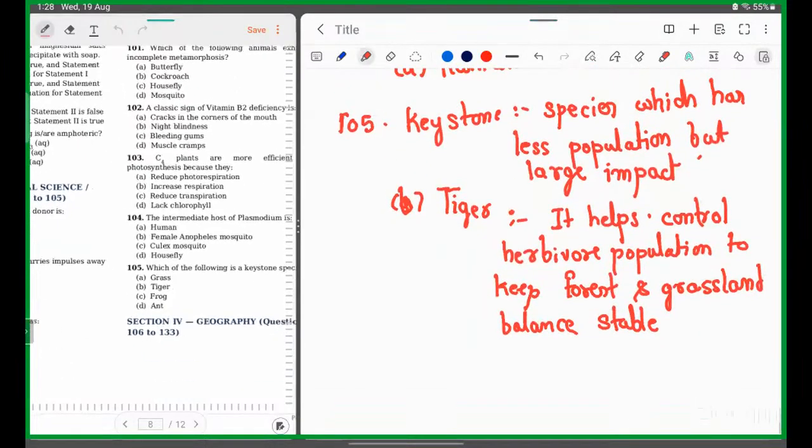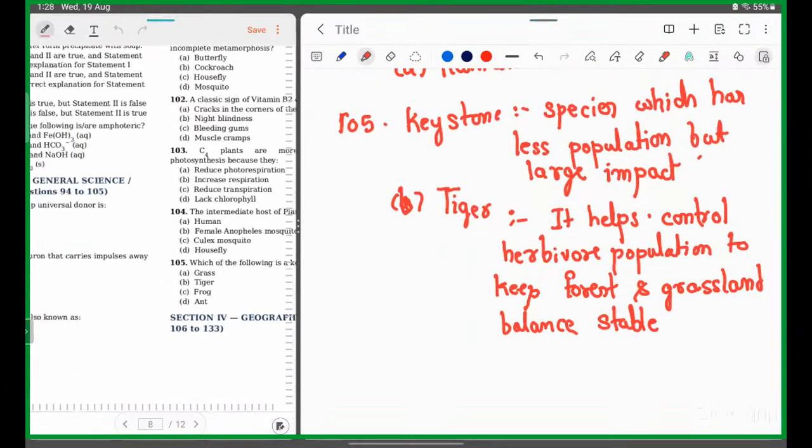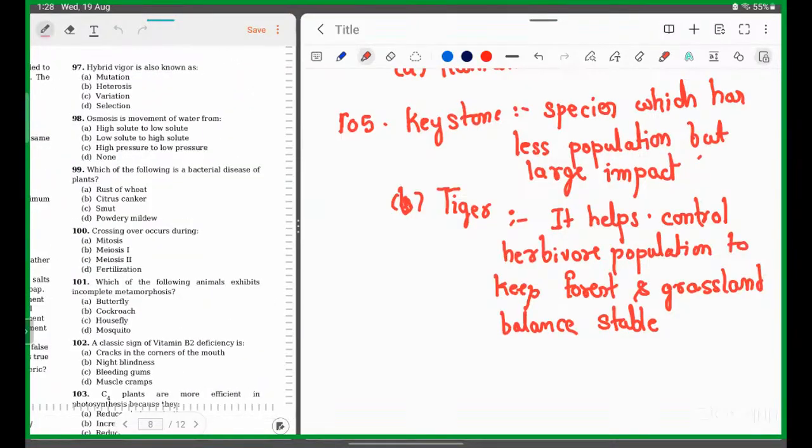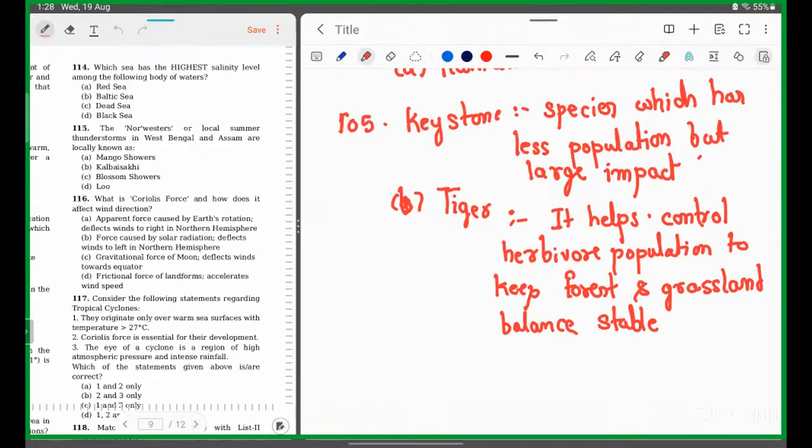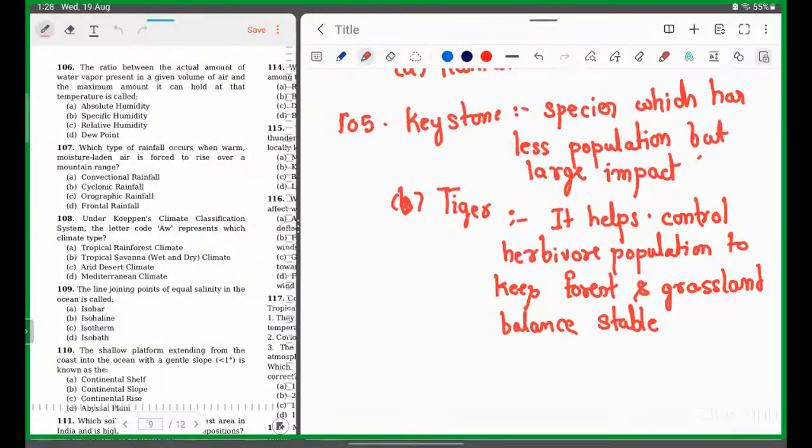Coming to the next question, question number 106. The ratio between the actual amount of water vapor present in a given amount of air and the maximum amount it can hold is. The options given are absolute humidity, specific humidity, relative humidity, and dew point.